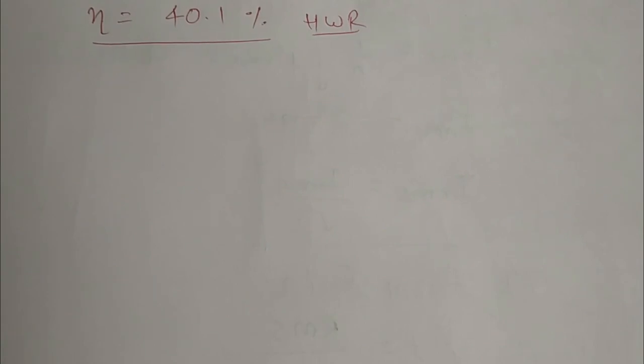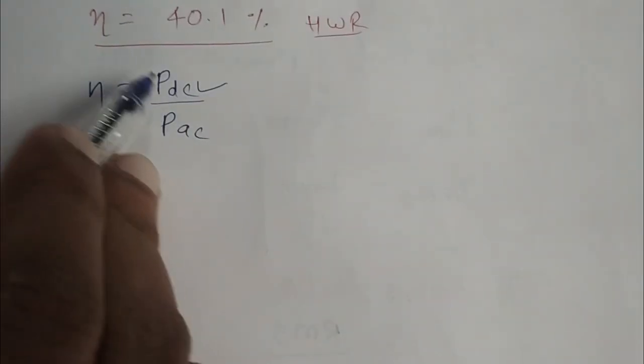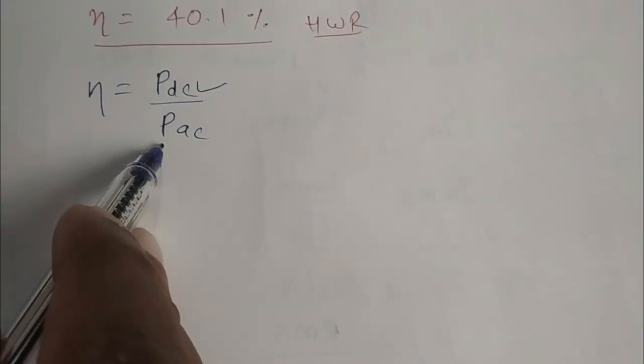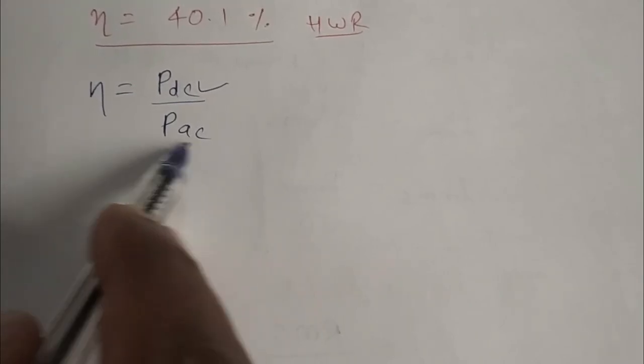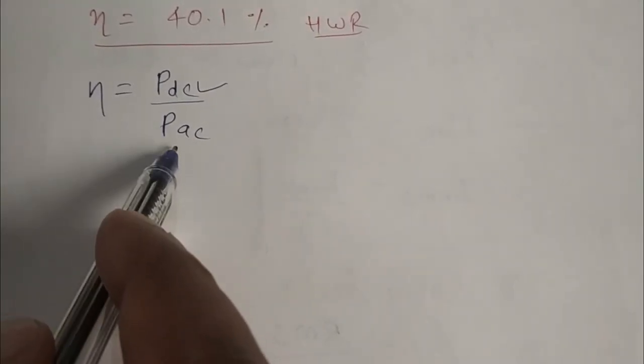This particular efficiency is defined as the output by input. How much output power we are getting over input. Output is DC power, DC output power, and input is AC, that is PAC. So let us calculate this.